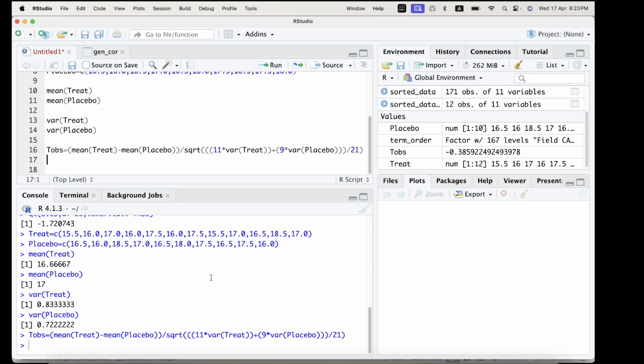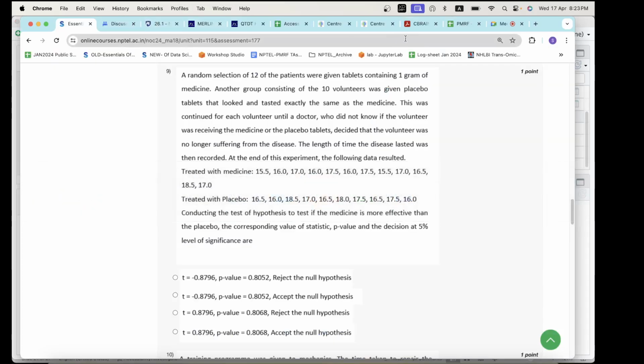This shouldn't be the case. One second. Hmm. I understand.